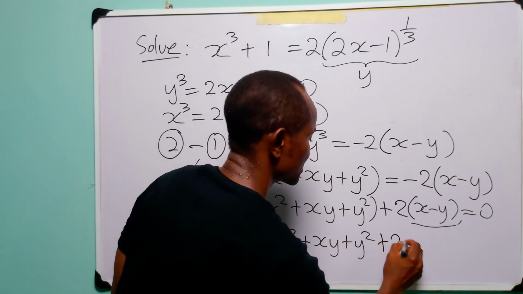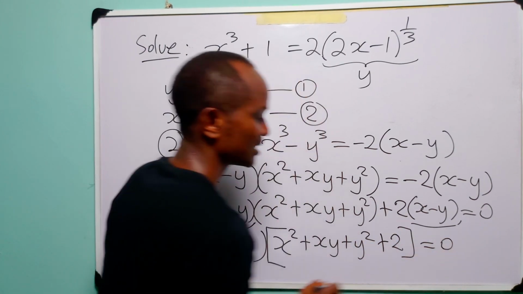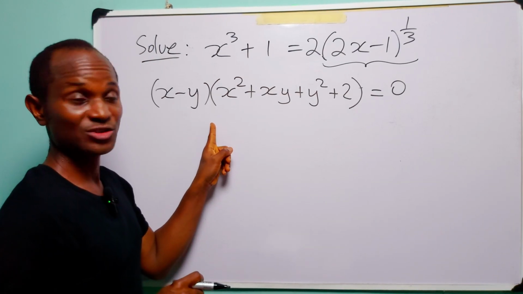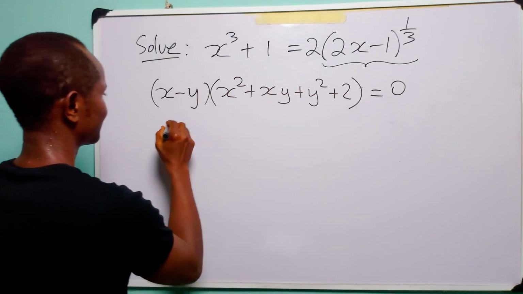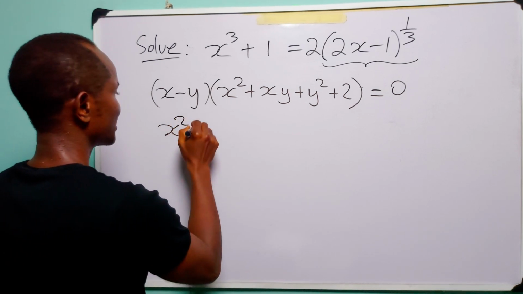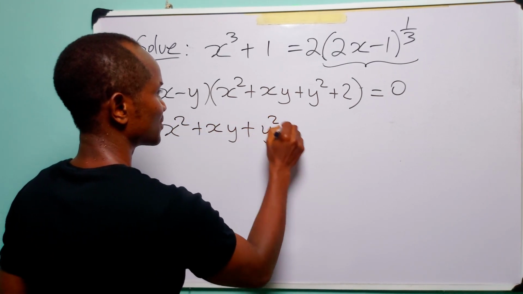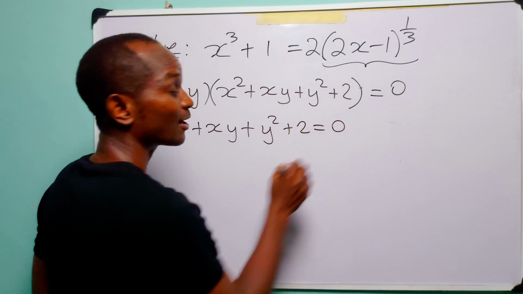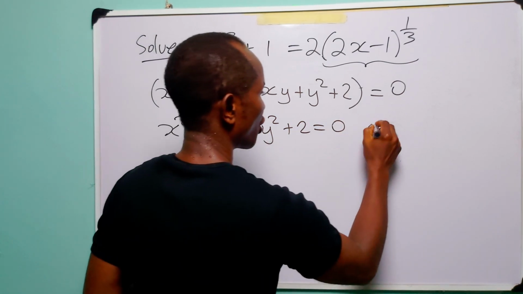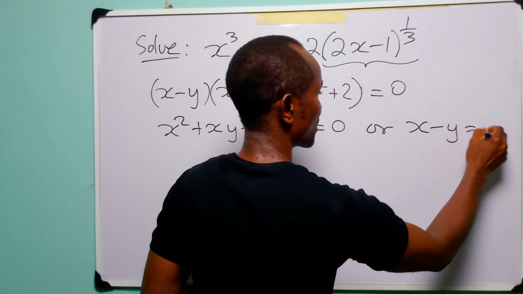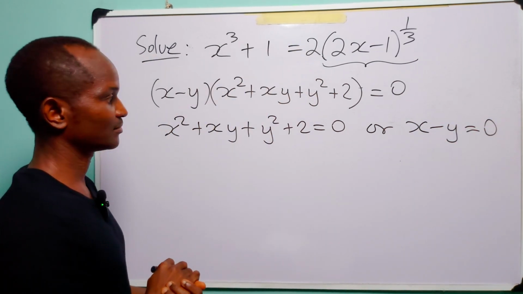So this is plus 2, and everything is equal to 0. Now from this equation, we have that either x squared plus xy plus y squared plus 2 is equal to 0, or x minus y is equal to 0.